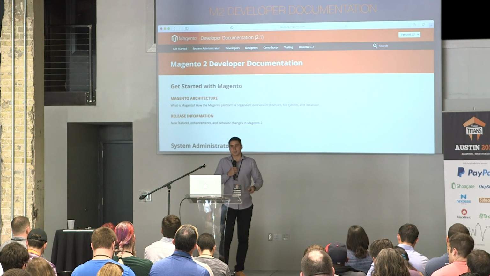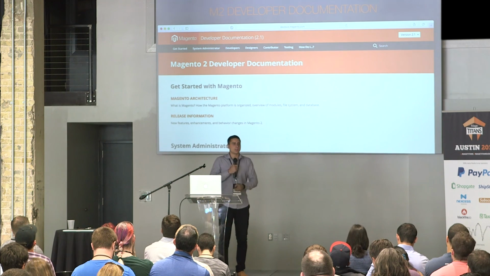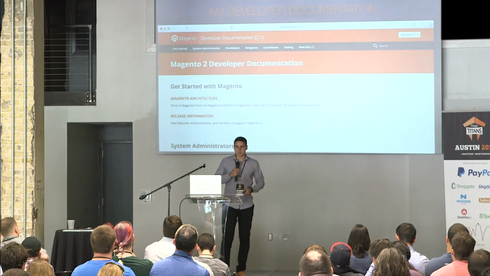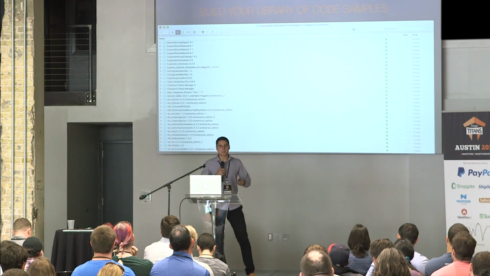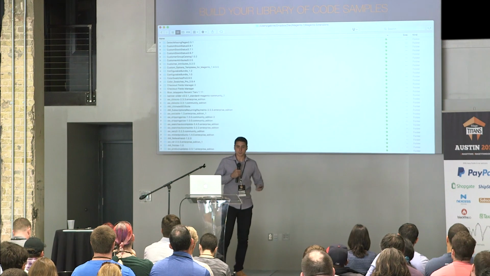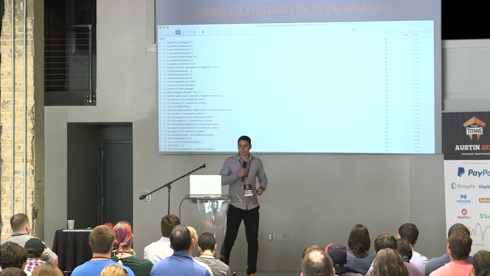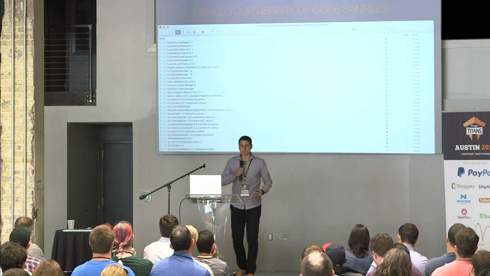And I love this one. We now have the official Magento 2 developer documentation, which is covering everything from backend to frontend, so I recommend you review that. And this is a personal recommendation. This is a screenshot from my machine, my Mac. As you can see, there are a lot of modules there.